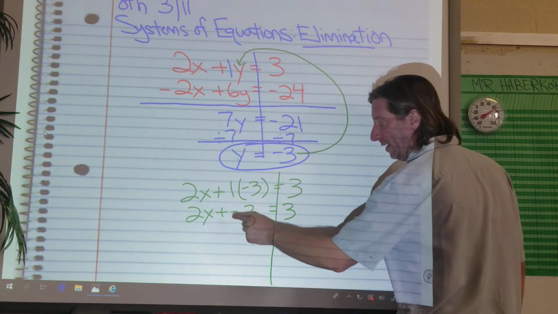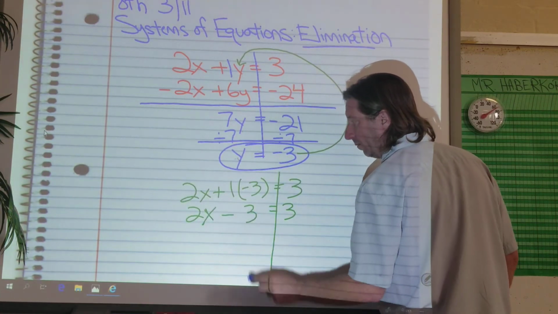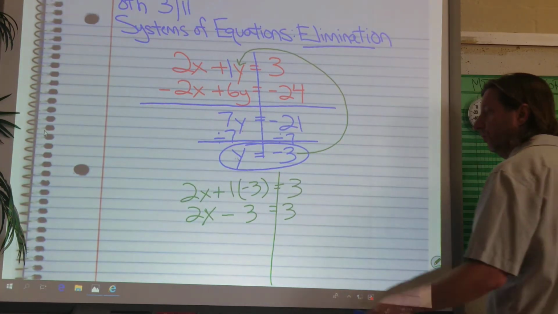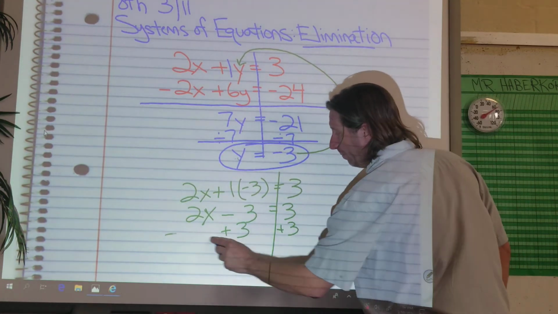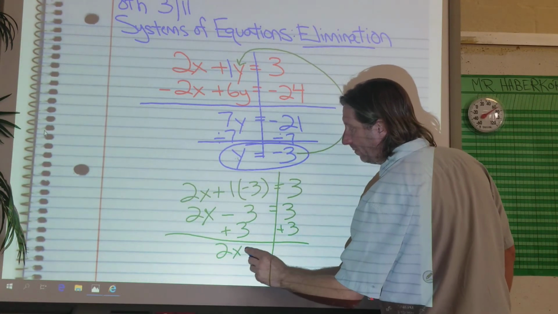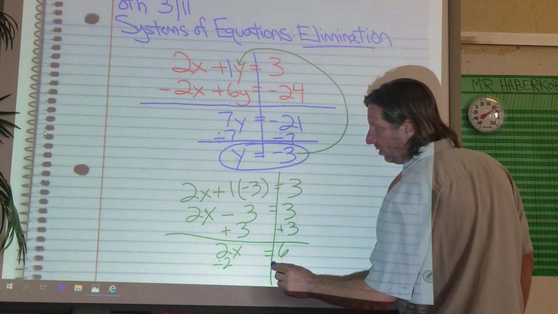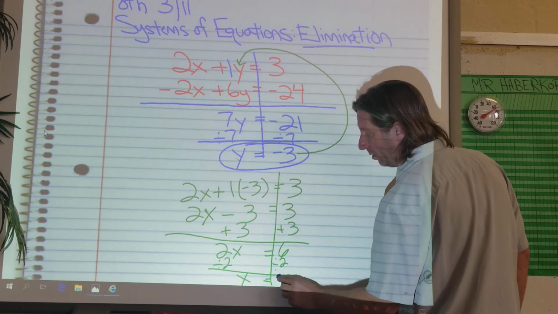All right, the plus and minus turns into a minus. Okay? All right. So what do? Add 3 to each side. We get 2x equals 6. Easy stuff then, divide by 2. And we get x equals 3.